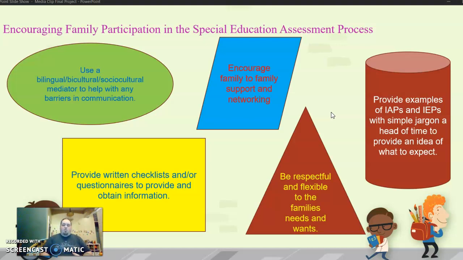And another good thing we can do is provide examples of IEPs with simple jargon ahead of time to provide an example of what to expect, kind of give them an idea if they're feeling leery of the situation. Here, this is what it is. This is how the process works. This isn't what it will look like. So they kind of are put at ease, if you will.